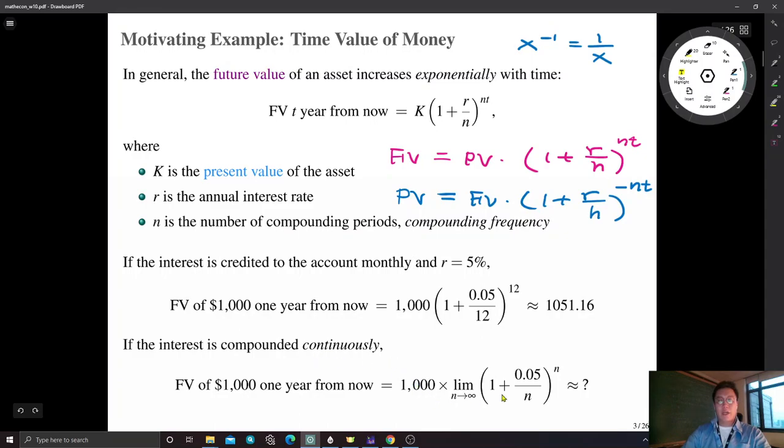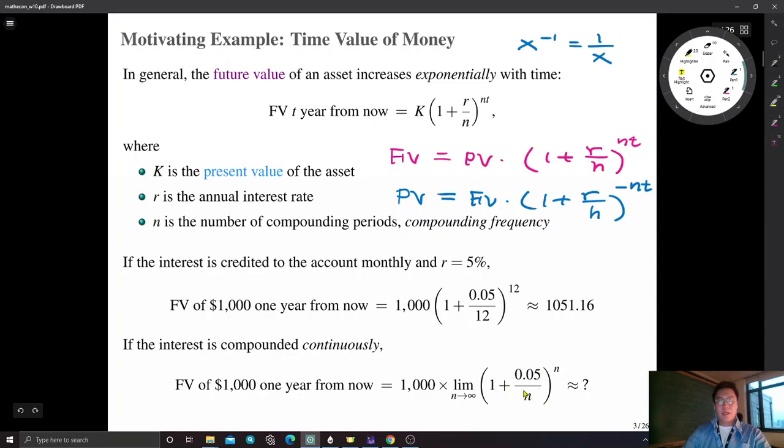So if you take a look at this expression, when we evaluate this limit as n goes to infinity, you may be tempted to say, because the exponent goes to infinity and we have some number larger than 1 in the parentheses, it goes to infinity. But it turns out that it converges to some well-defined finite number.